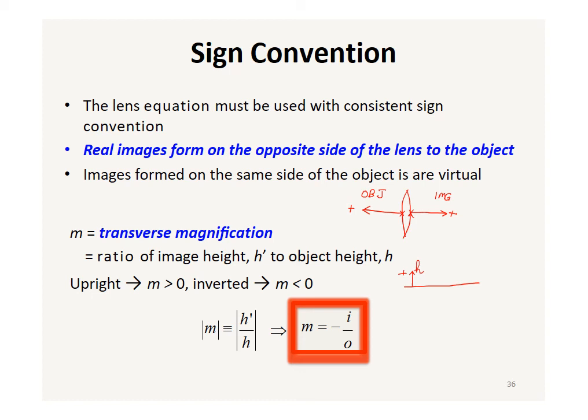So if we have an image point that points down, that means this has a height with a negative value, and our magnification is going to be the height of the image, a negative number, divided by the height of the object, a positive number, so this is going to be negative. Negative then indicates that it is inverted.